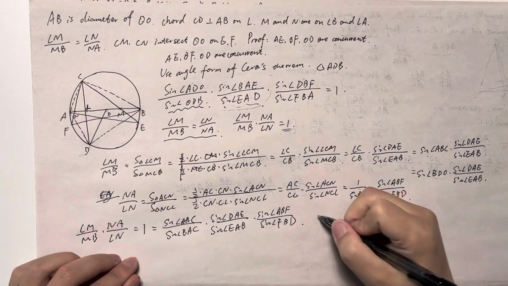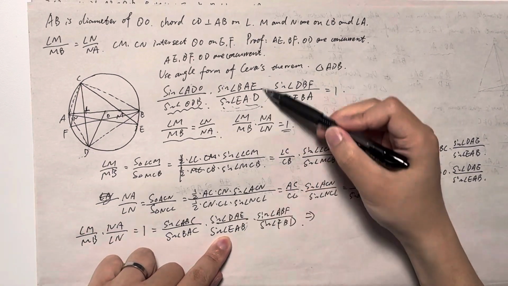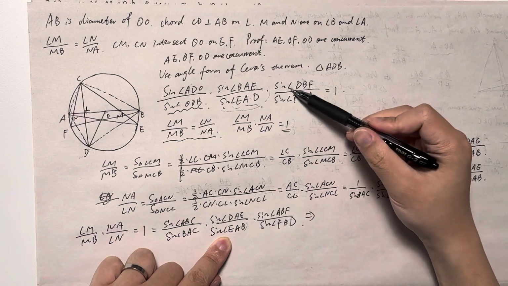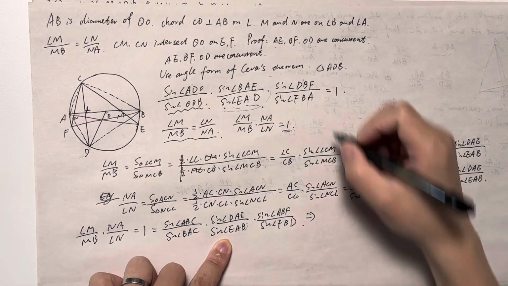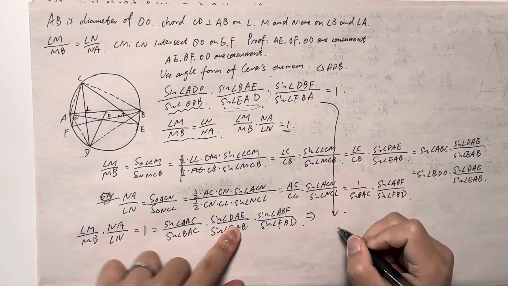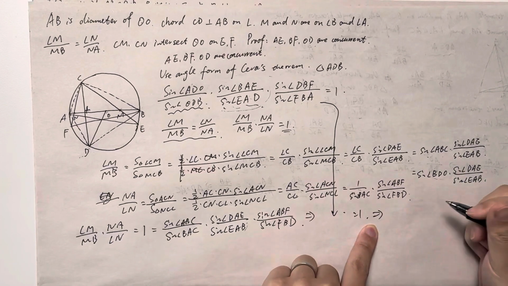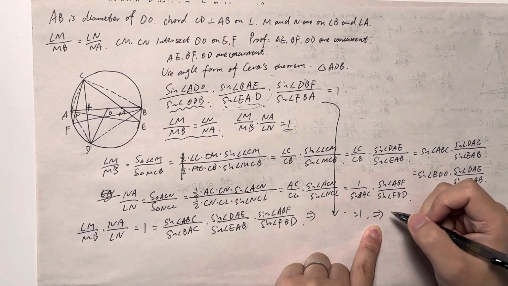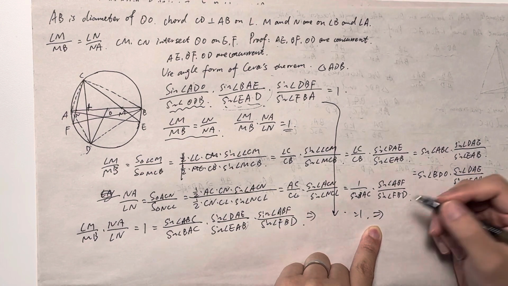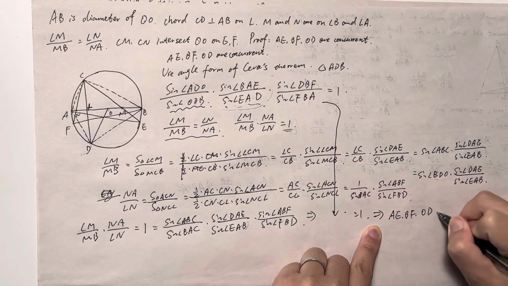We just need to flip it. Once we flip it, we find that this term equals this term, and this term equals this term, so we got this one equals 1. I'm not going to write it out. We use the converse of Ceva's theorem in angle form. We know that AE, BF, OD are concurrent.